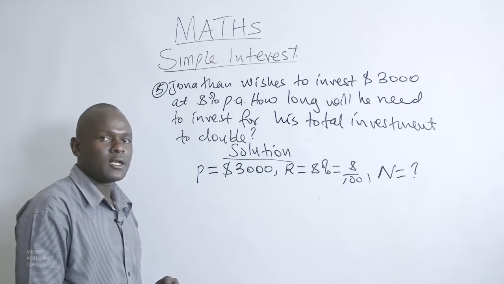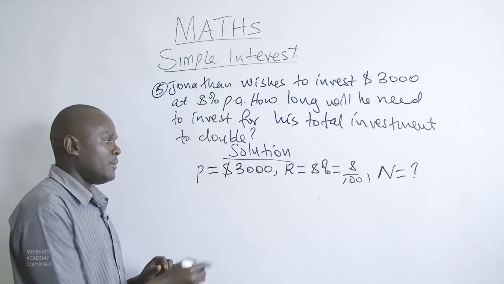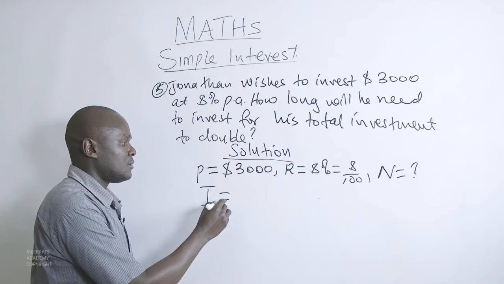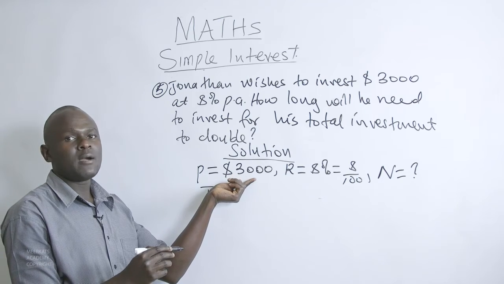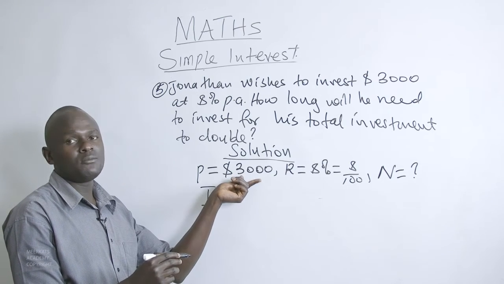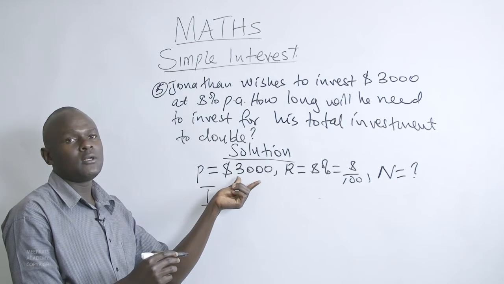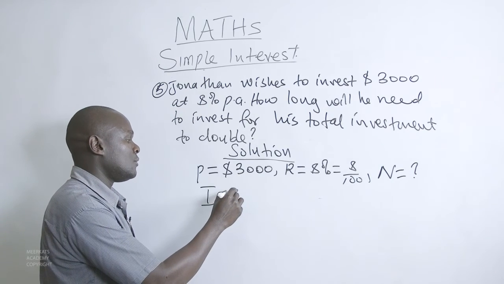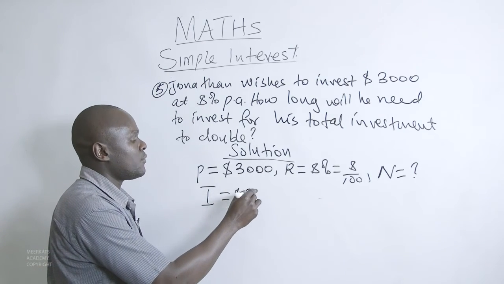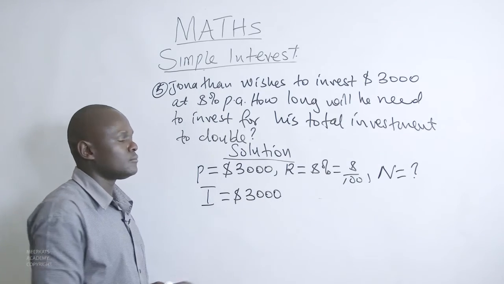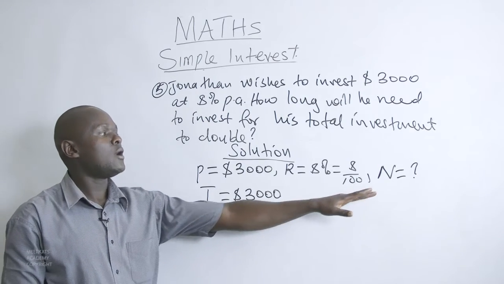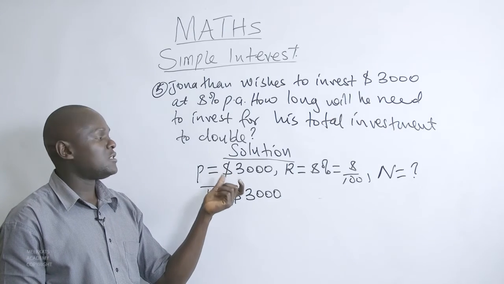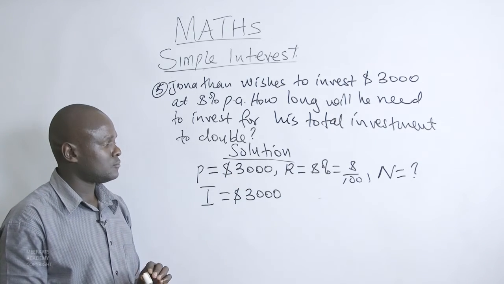That is what we are going to calculate. But we have learned that for this principal to double, the interest accrued should be the same as the principal, that is 3,000. So the interest will be 3,000. So we want to know how long it will take for his investment to double.